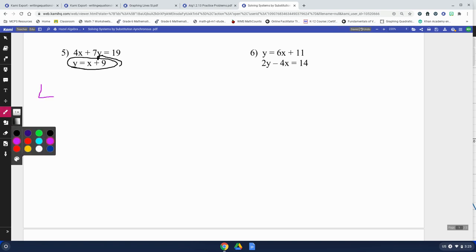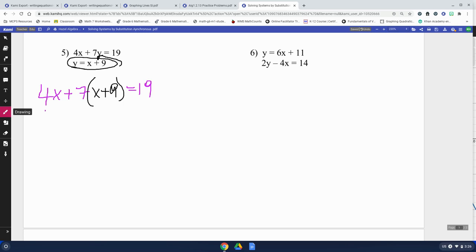So we know 4x plus 7 times y, which is x plus 9, is equal to 19. So therefore, 4x plus, now we're going to have to distribute 7x. 9 times 7 is 63, right? Equals 19.